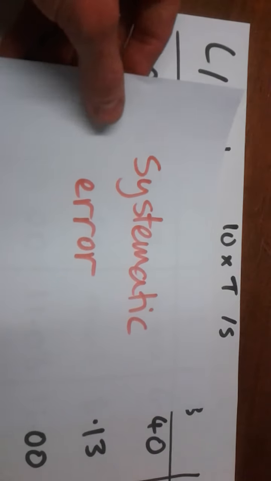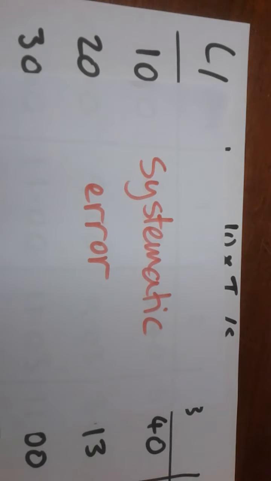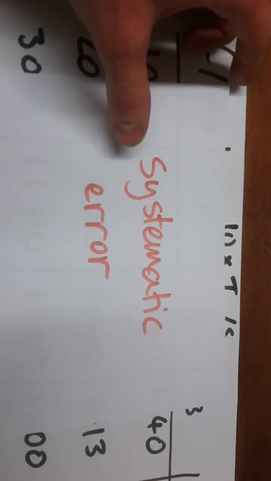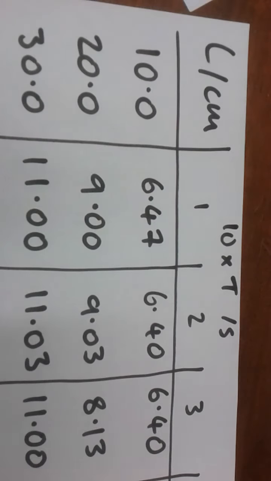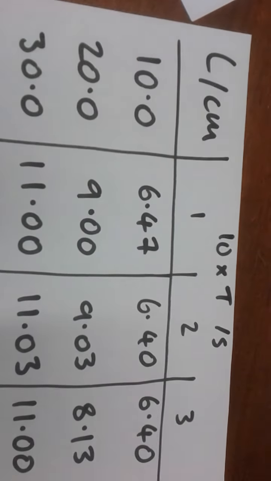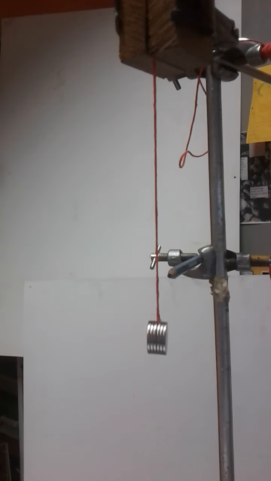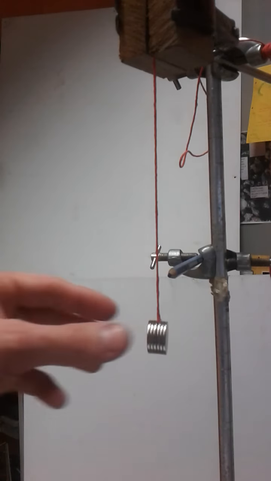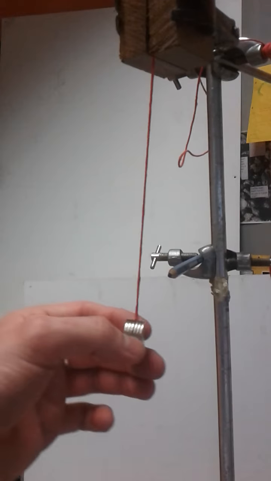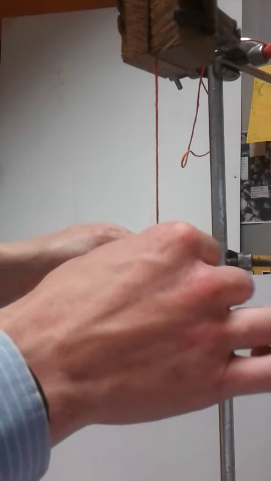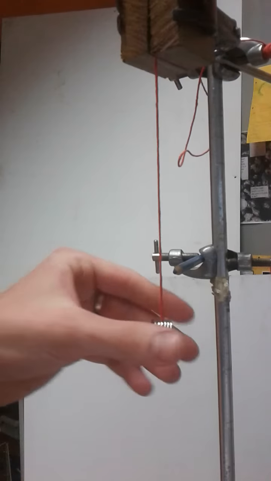Now that's to be contrasted with the other type of error you need to know about, which is a systematic error. In this case, there's lots of potential sources of systematic error. One potential source is a terrible, horrendous human error that could occur but it does happen: if you timed it incorrectly. If you notice, when I was counting the swings, I was counting whole swings.